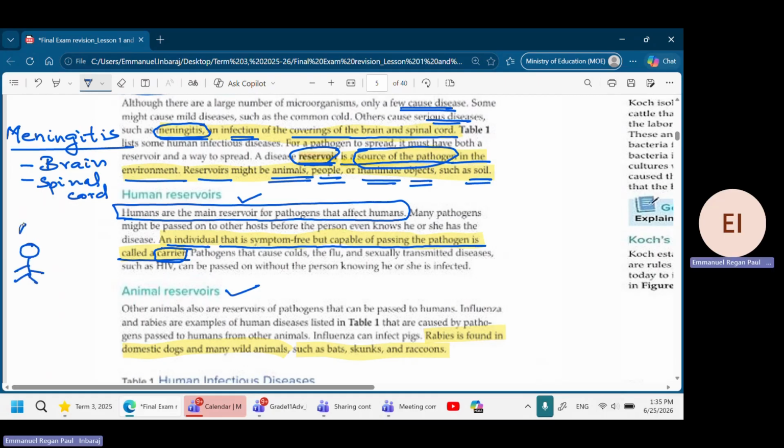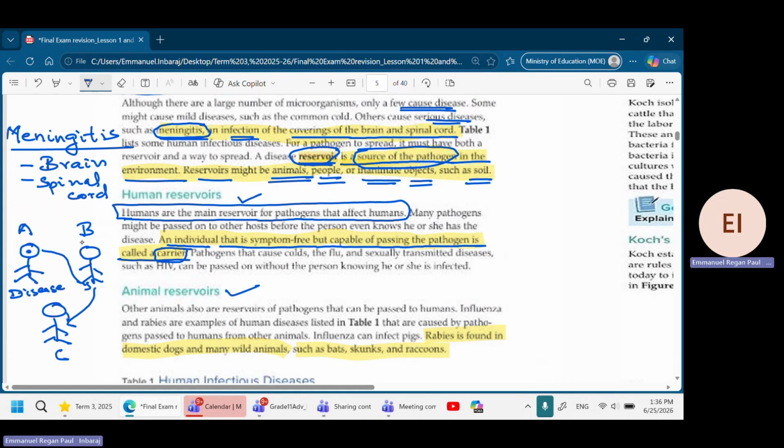This is A. There is a second person, B, and there is a third person, C. This guy A is getting the infection. Let's say he's having a disease. So the infection moves from A to B, and then the infection moves from B to C.